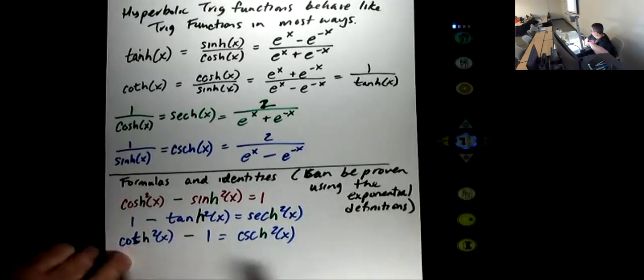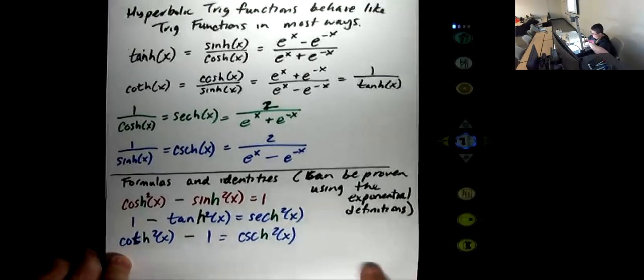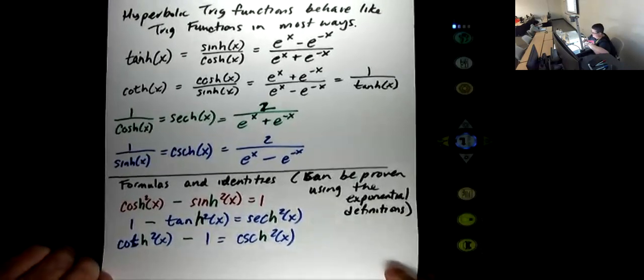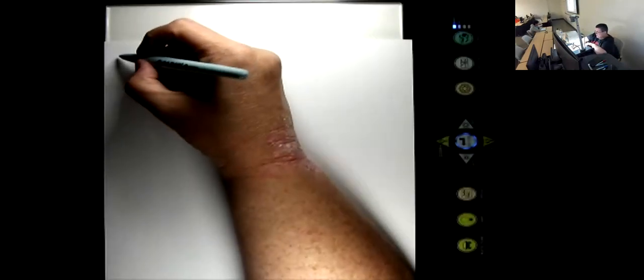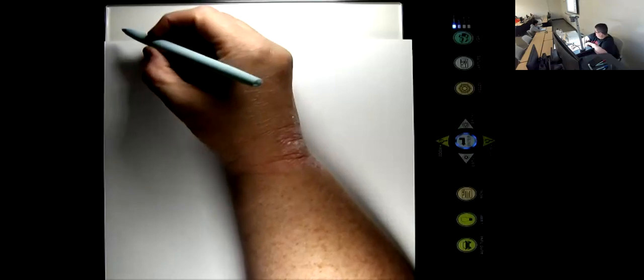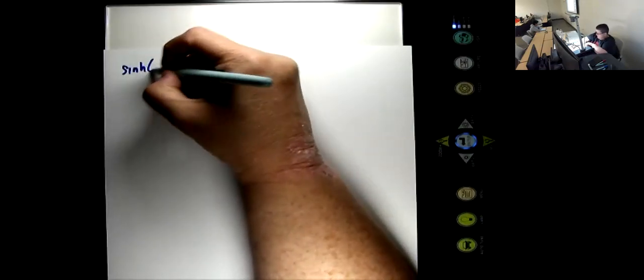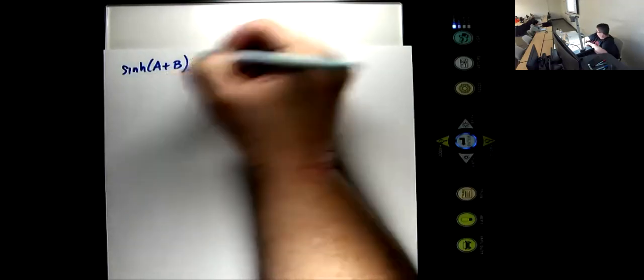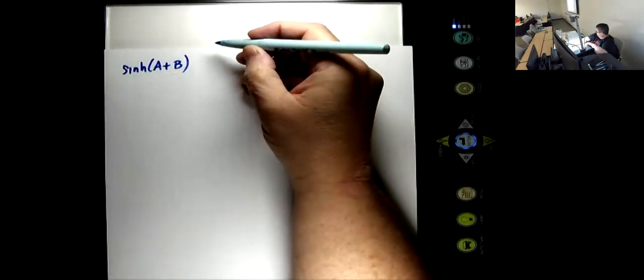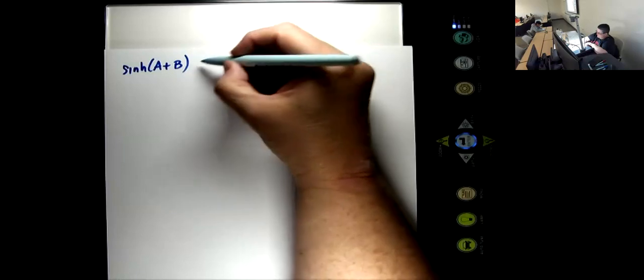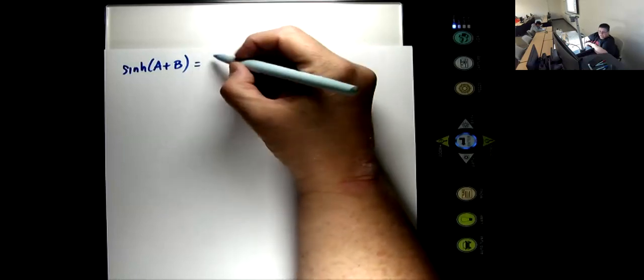Then we have the sum and difference formulas. We have hyperbolic sine of x plus y. I'm going to do A and B. That might be better. This actually looks just like the regular version.